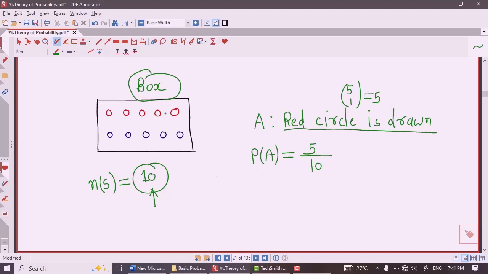Now, whatever circle we select in the first experiment, if after selecting it we replace it, or put it back in the box, then the number of elements in the sample space will remain the same. And suppose we consider another event B, in which we draw another red circle.